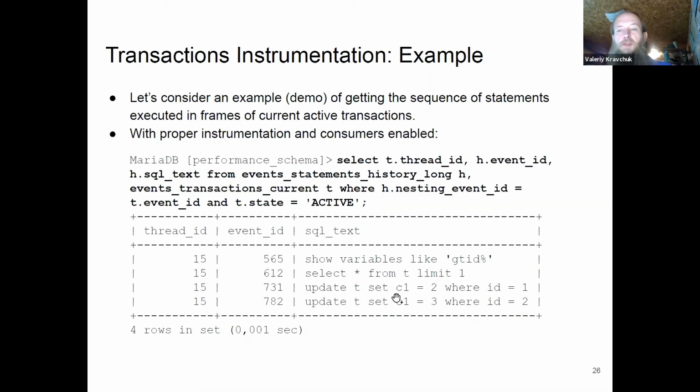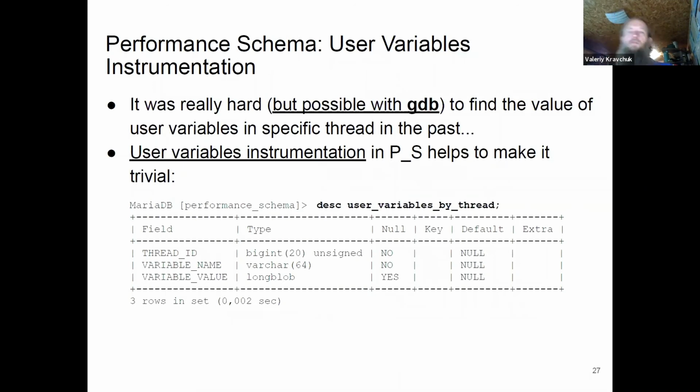And with all the statements from current active transactions, you can surely find out what locks are set and find out why you have lock waits or deadlock. It's really a great addition, and it's nice to have transactions now as a separate instance besides just statements, because statements are part of transactions. And now we can see it in performance schema.